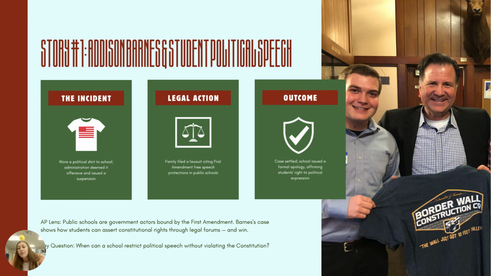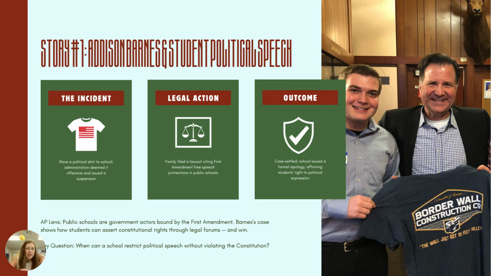And ultimately, in his case, they ended up settling. He got some money from the school district and a public apology, which shows how individuals can use the legal system to assert their rights.